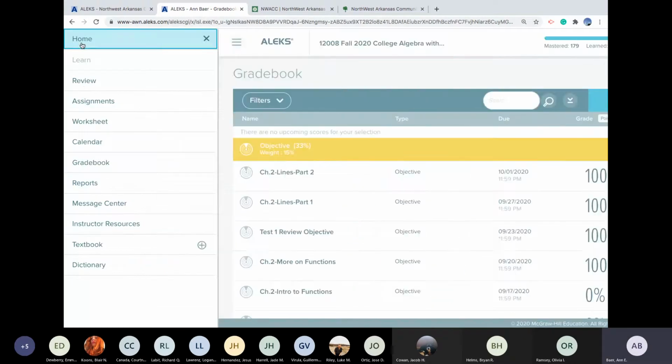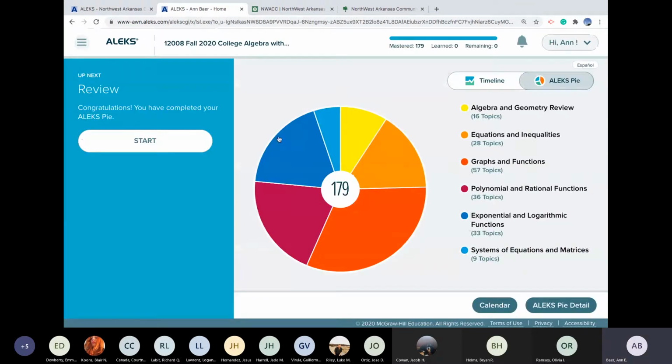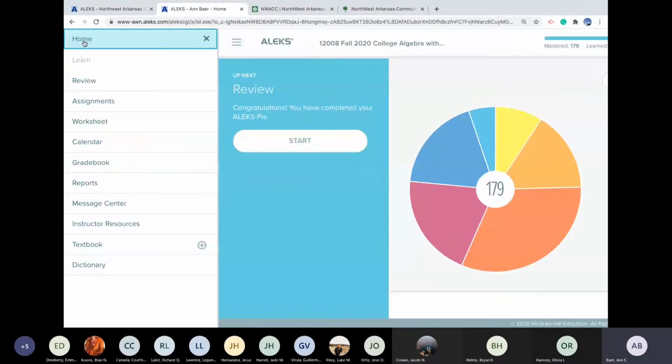So let's start. Unless anyone has any more questions about the test or about the course in general, let's get started. So when I enter ALEKS, I enter on the home page. I am going to go up to these 3 bars and go to review.